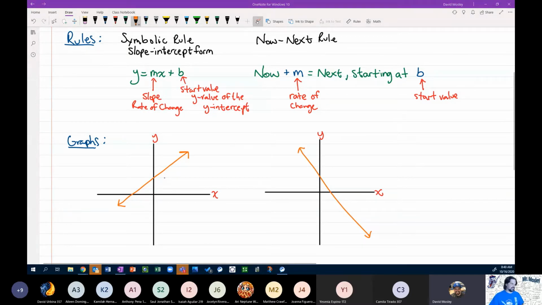The graph to the left here, the increasing graph, this is increasing when we go from left to right.